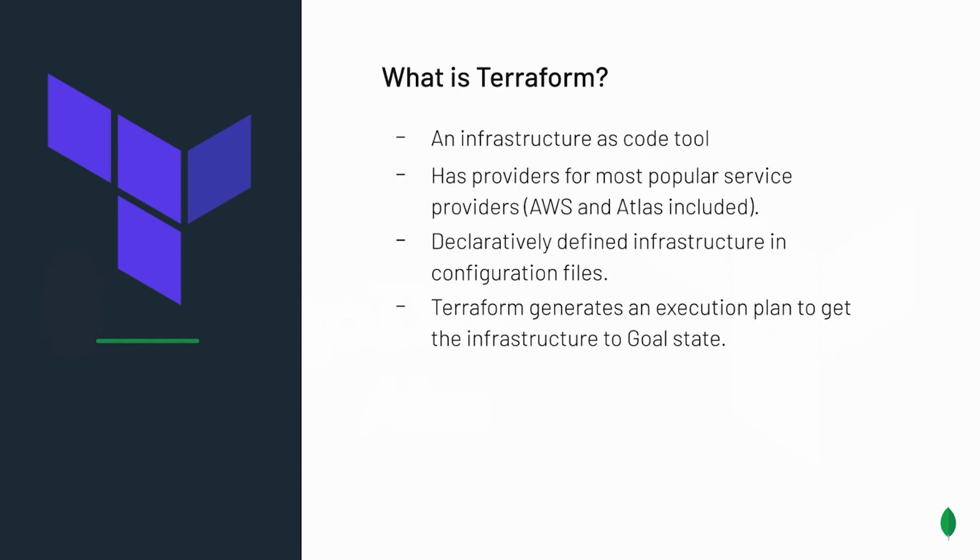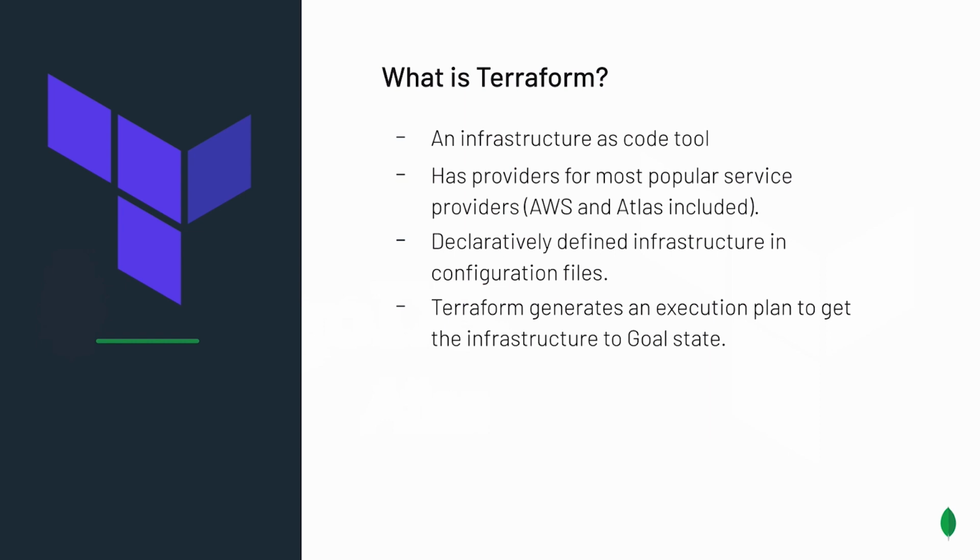It has providers for most of the popular services. In this case, we're using AWS and Atlas, but there are providers for GCP, Azure, all three cloud providers that Atlas uses, amongst others. You can declaratively define infrastructure in configuration files. And what we mean by that is that you can define configuration files which define the infrastructure that you're trying to deploy.